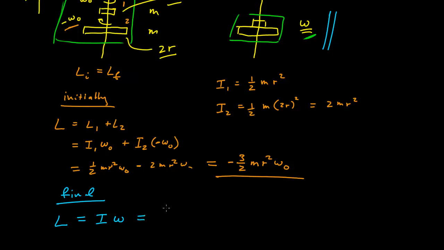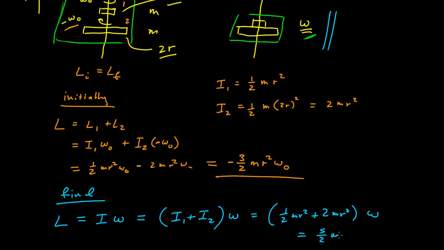Okay, so that moment of inertia is simply the moment of inertia of the two disks, I1 plus I2, times the new angular velocity omega. So that's just 1/2 m r squared plus 2 m r squared times omega, which is equal to 5/2 m r squared omega.